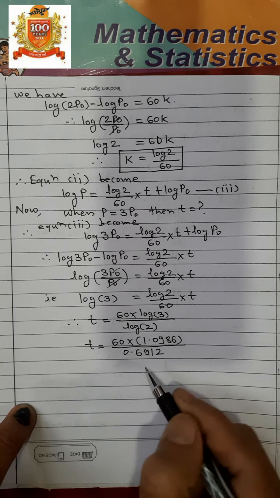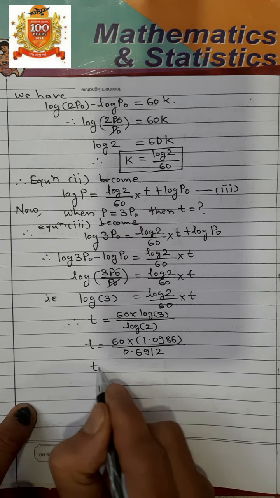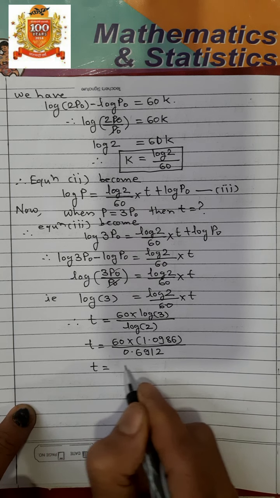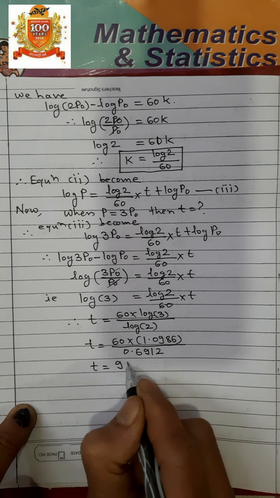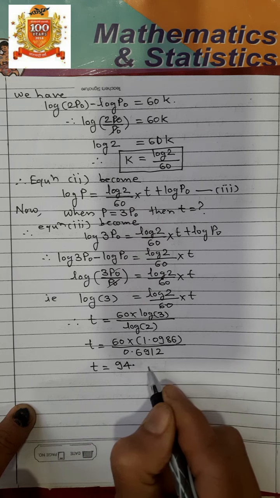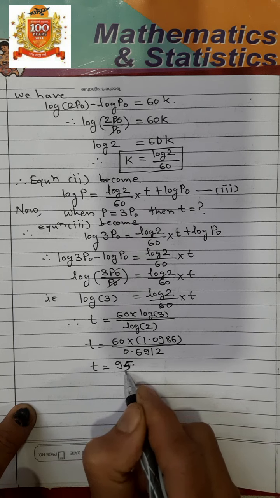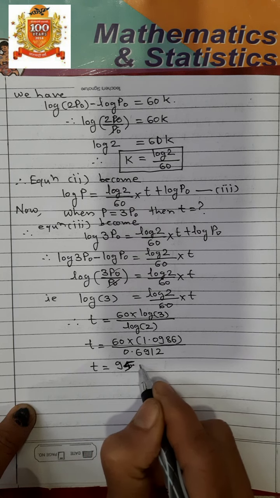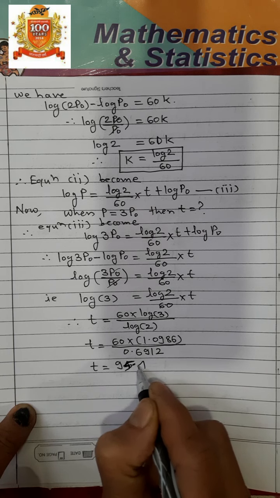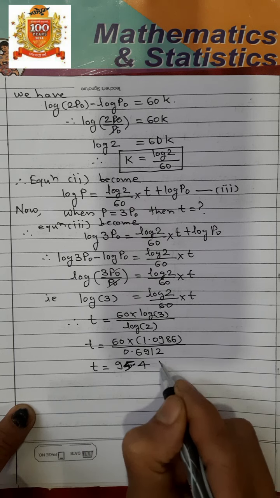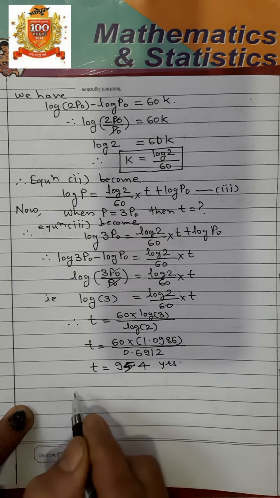By doing this calculation, you will get t is equal to 95.4 years.